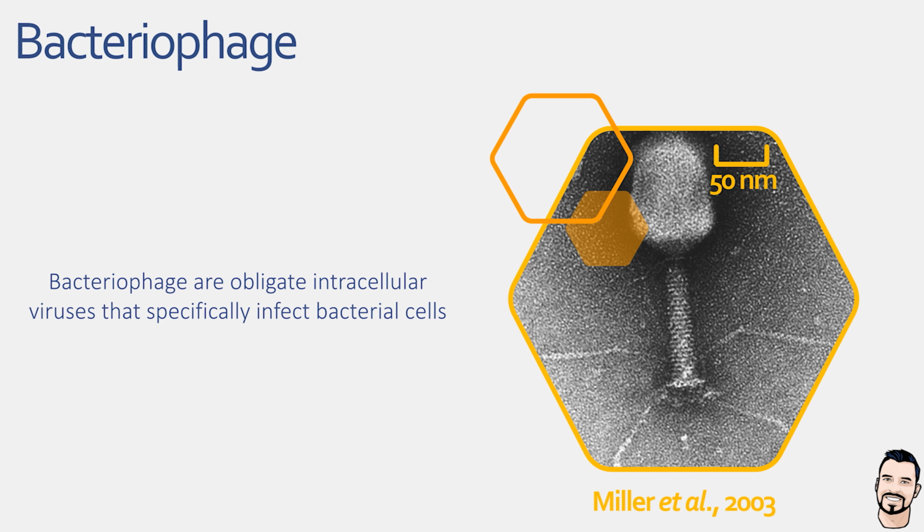So before we go through the ins and outs of the different parts of bacteriophage replication, there are some key things we need to know about bacteriophage. The first is that they are obligate intracellular viruses that specifically infect bacterial cells. Basically, they are viruses for bacteria.